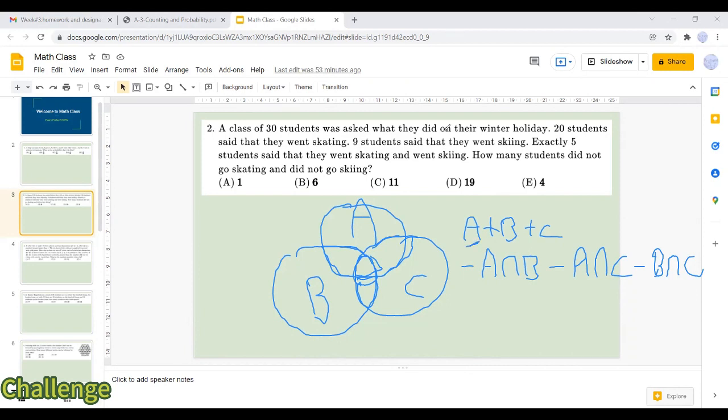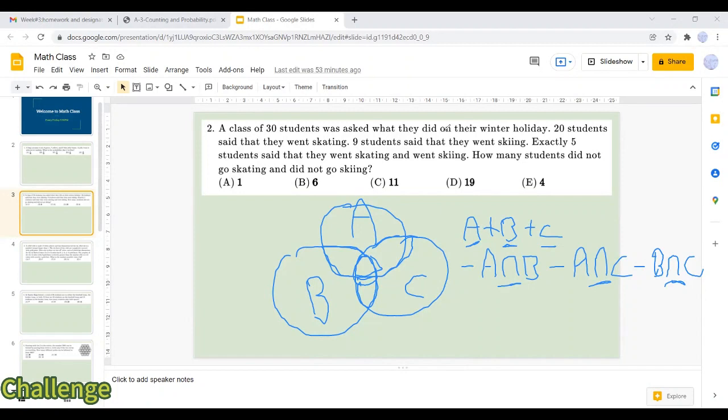We've counted it once inside of A, once inside of B, and once inside of C, so we've counted it 3 times. But we've subtracted A, B, and C once inside A and B, once in A and C, and once in B and C. So we counted A, B, and C 0 times, because 3 minus 3 is 0.